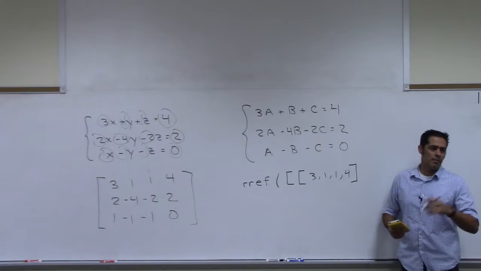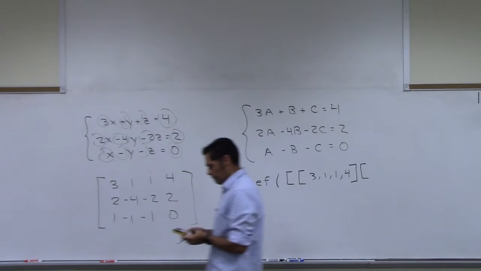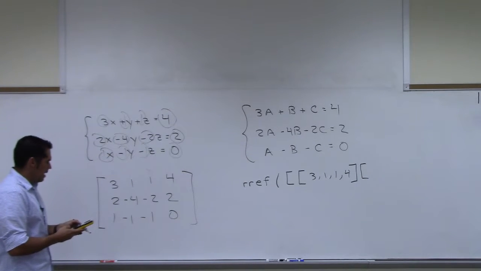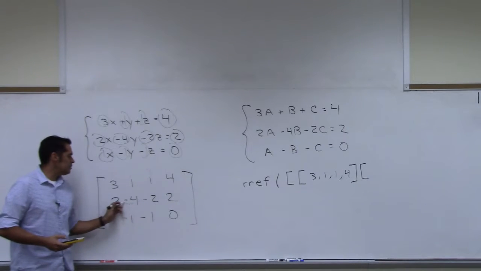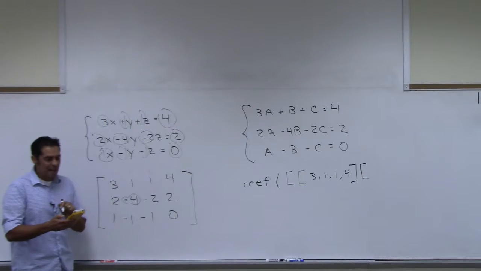Then another bracket that opens up the second row of numbers. And then put in 2, comma. Now be careful here. On this -4, you do not use your minus key. You use the negative key. There's a difference between the two, right?